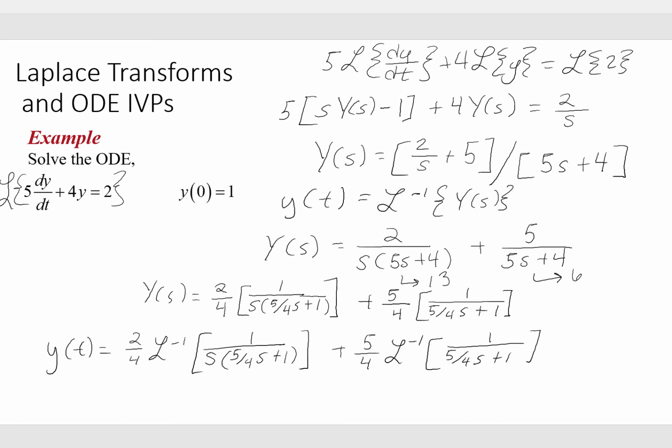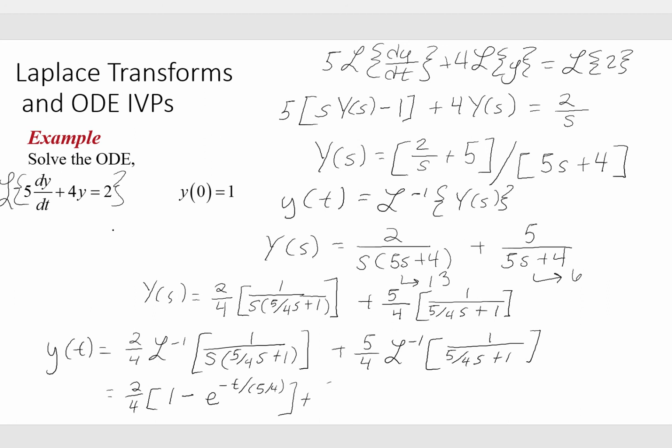So let's do that for each of these terms. This one is 2/4. By that table we can see that this inverse transforms to 1 minus e to the negative t over tau. Tau is 5/4.